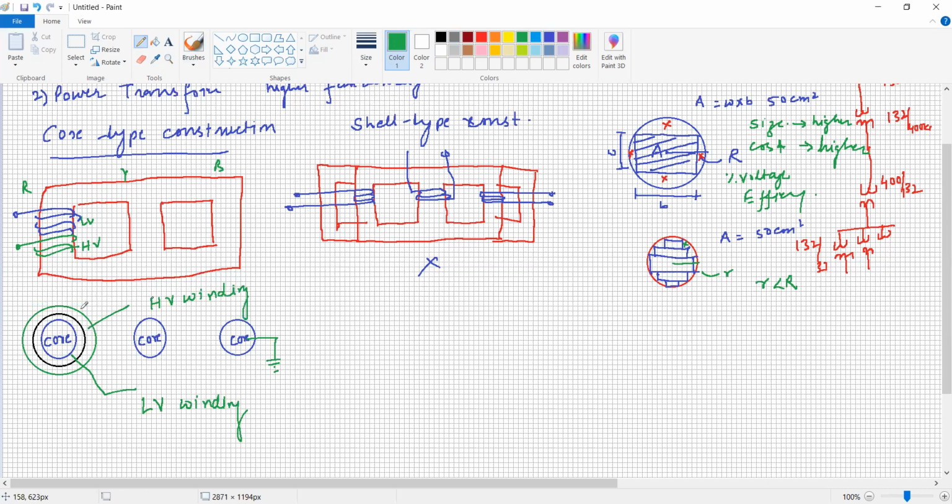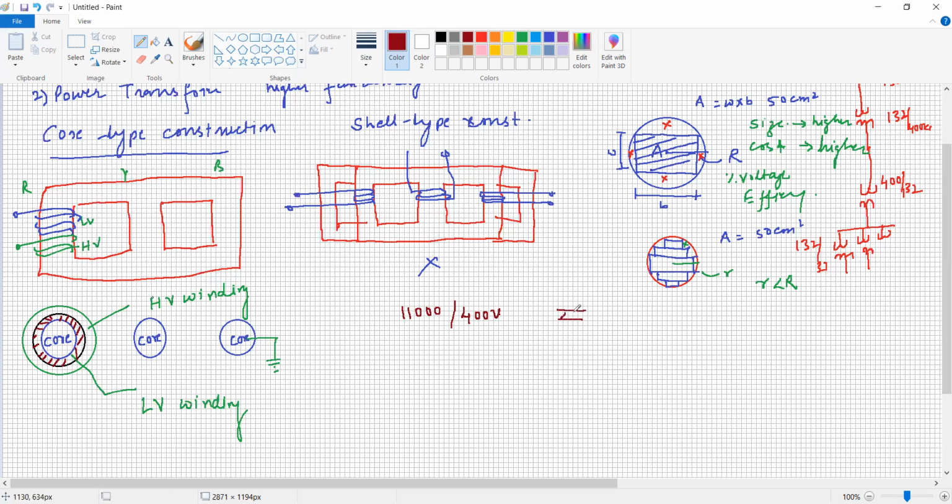What is the reason? If we place the LV winding next to the core, the insulation required between winding and core will be smaller. Say the transformer is 11,000 volt divided by 400 volt. The insulation required for 400 volt will be smaller.